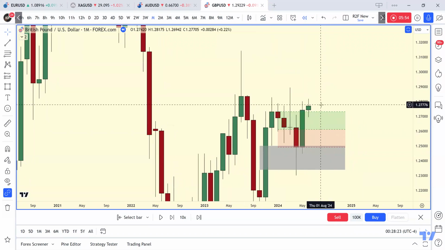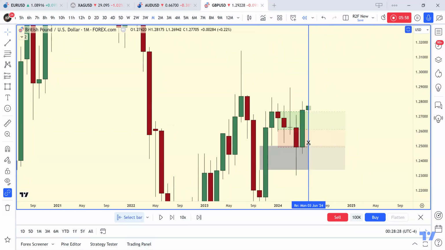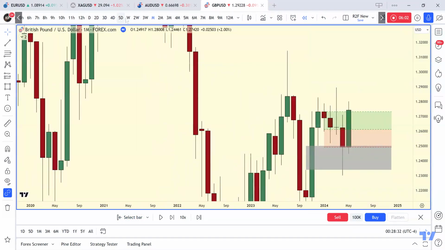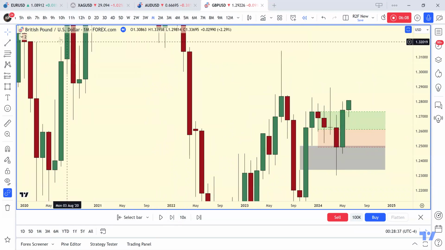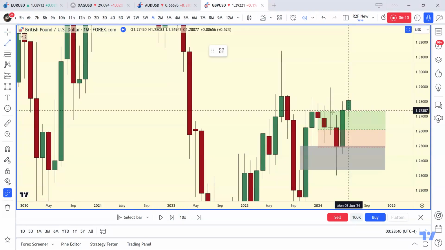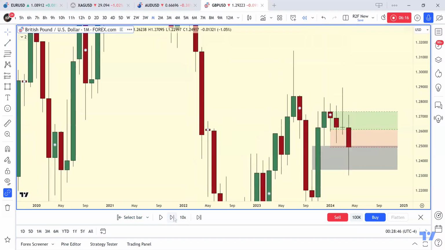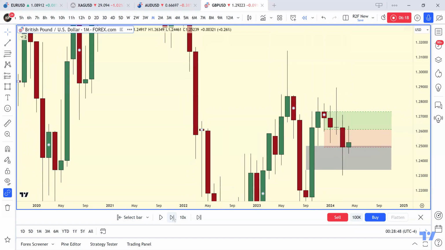All right, so this is the monthly. I want to be on the lower time frame, catching that move. Okay, so now I'm just going to go straight to the daily. Let me see if I can get the next candle. Okay, let me go back again because TradingView tends to show the entire candle, which is not good.